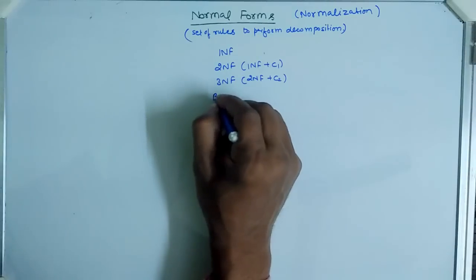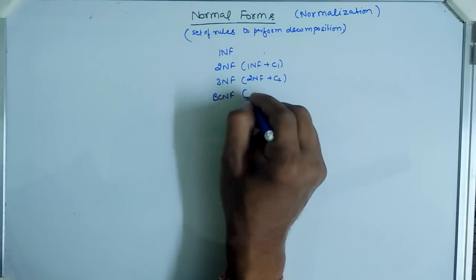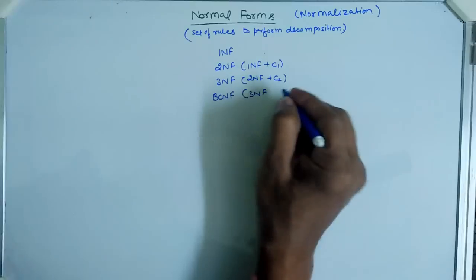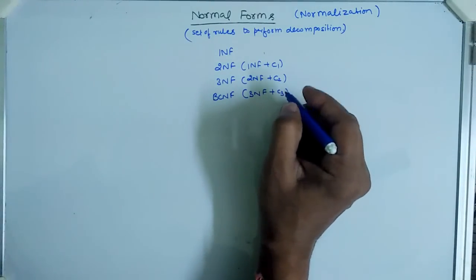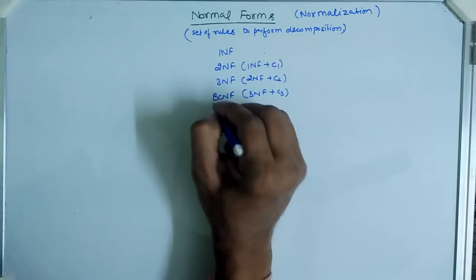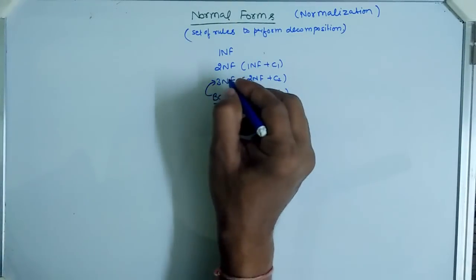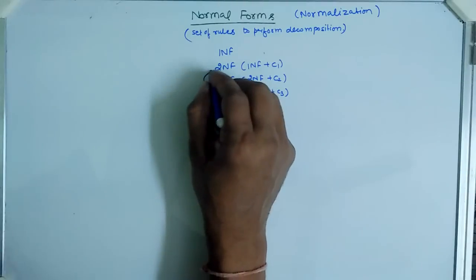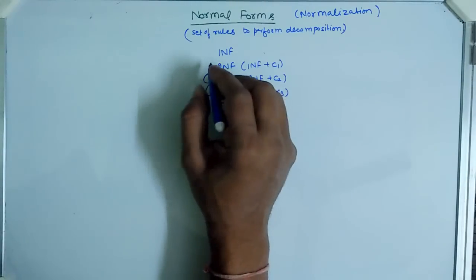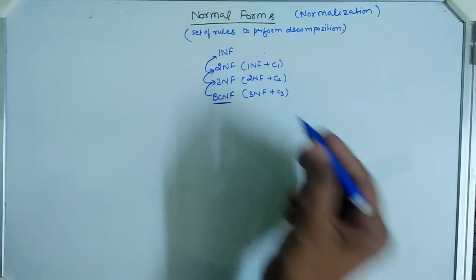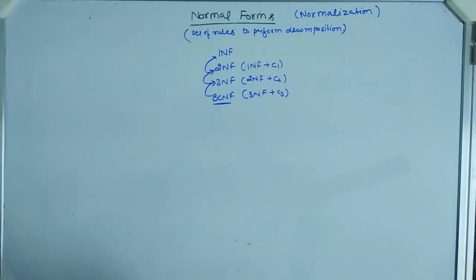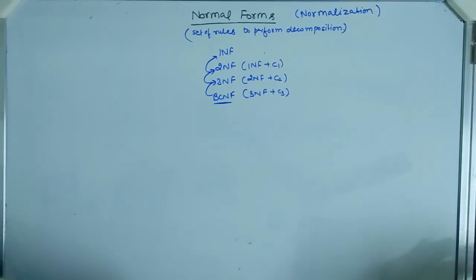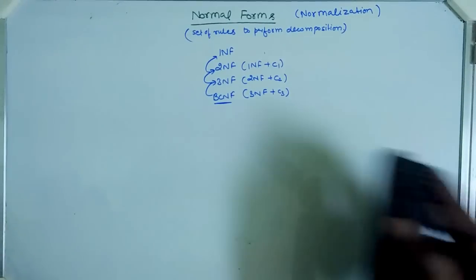And finally BCNF, which contains a relation to be in 3NF plus one condition. So this is the highest level of normal form, BCNF, which contains the relation in 3NF, which in turn contains the relation in 2NF, which in turn contains the relation in 1NF. So we have these four types of normal forms to study.